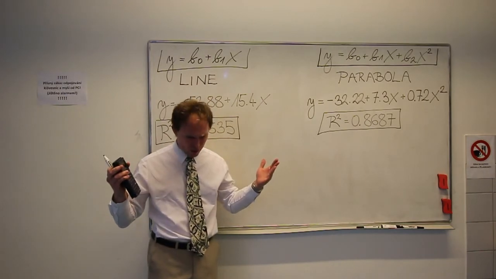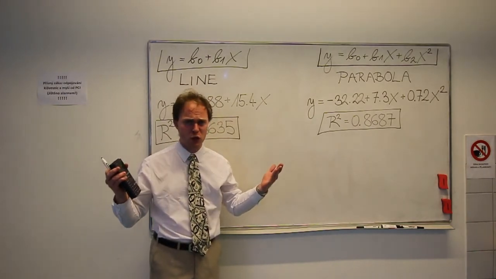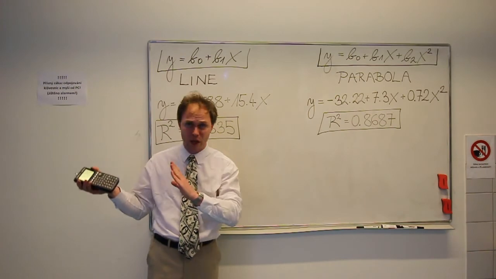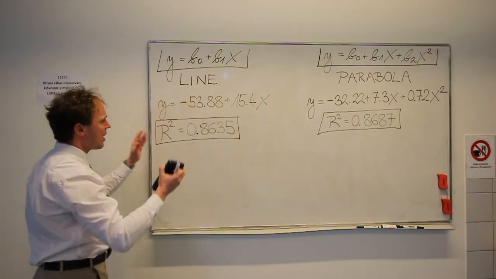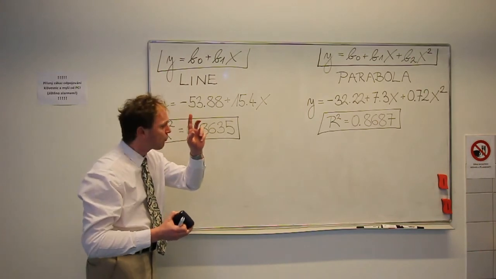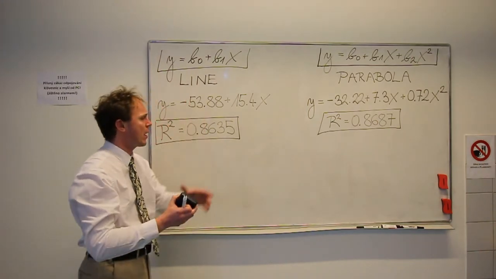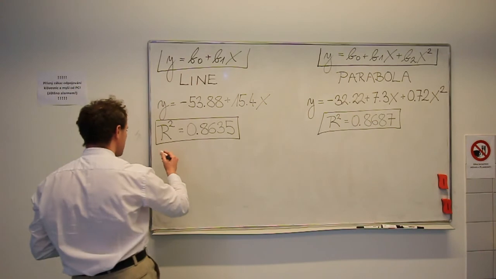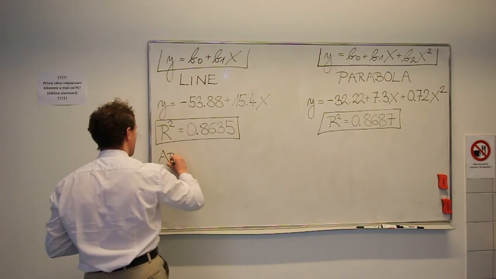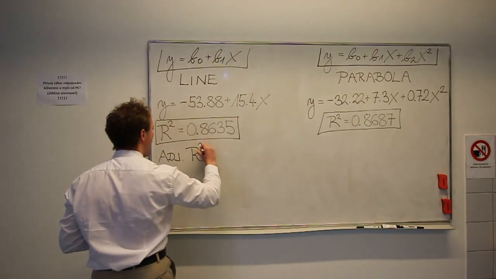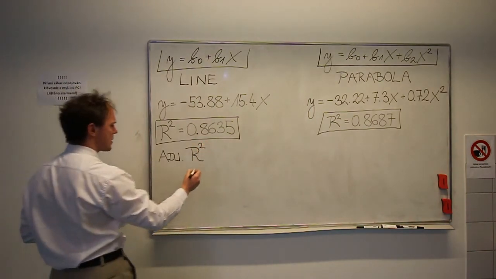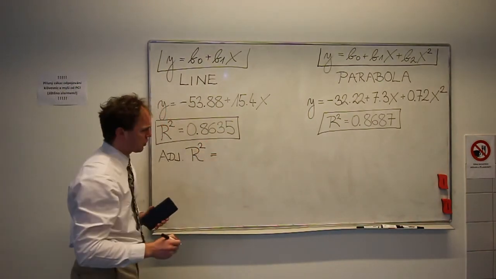But Mr. Hellman said to you, and this is also written in the textbook and your presentation, that if we compare models with a different number of coefficients, we must use the adjusted version of R squared.